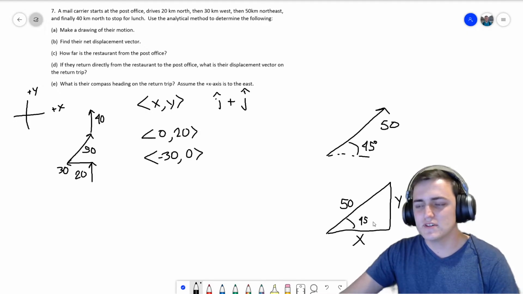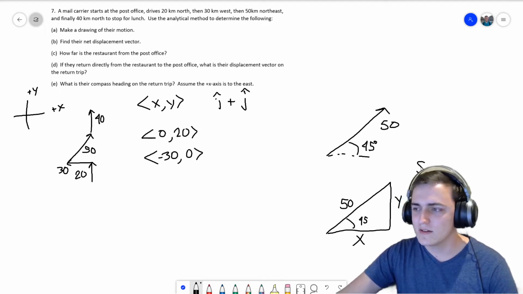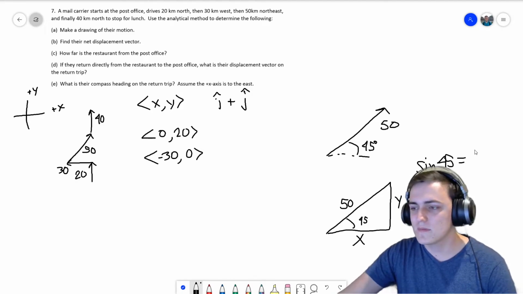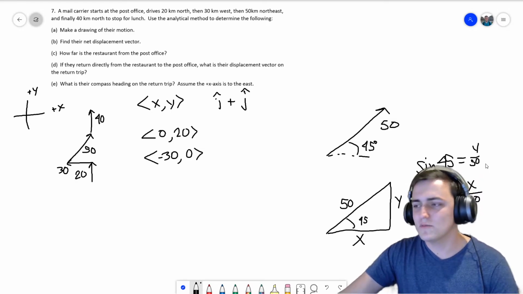And so by using SOHCAHTOA, sine of 45 equals opposite over hypotenuse, right? Opposite is y over 50. And we can use cosine of 45 equals adjacent over hypotenuse. And of course, solving for x and y just means multiplying both sides by 50.